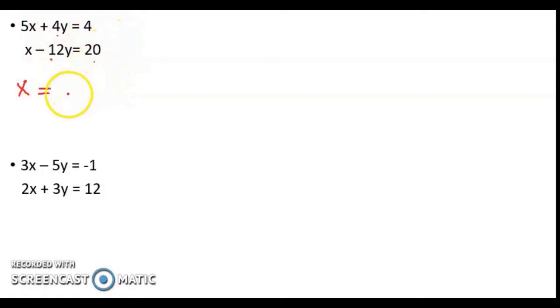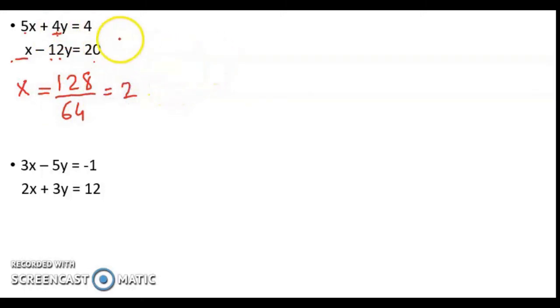So this becomes plus, 80 plus 48, that is 128. Now in the denominator, this 1 multiplied by 4, that is 4, and 5 multiplied by minus 12, that is minus 60. So 4 minus minus, plus 60. So 4 plus 60, that is 64. So 128 divided by 64, so you get x equal to 2.